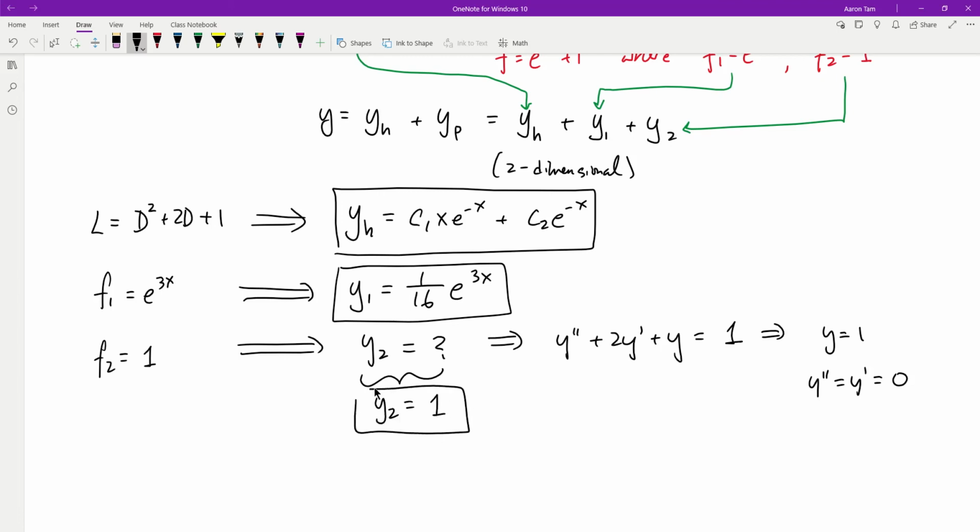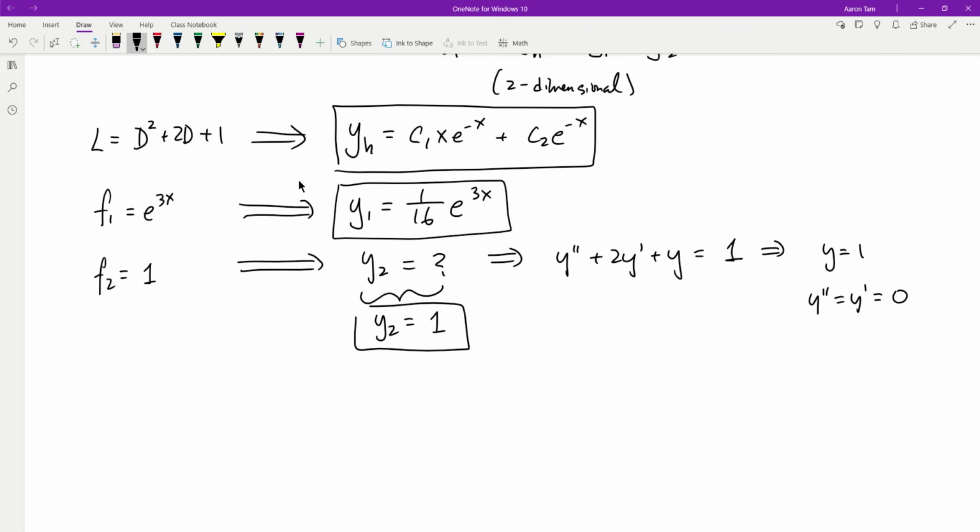And now I'm going to apply the superposition principle and say that our solution y would equal y sub h plus y sub 1 plus y sub 2. And therefore our solution would be c1 x e to the negative x plus c2 e to the negative x. So that's the homogeneous solution.